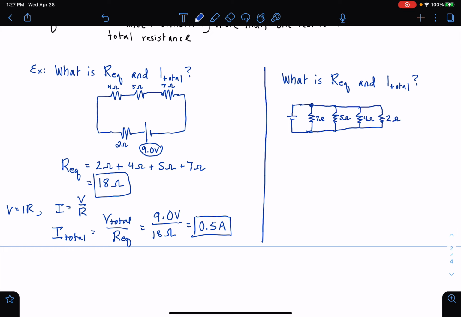Okay? So looking at this one, you can see that there are 4 paths for the electrons to follow. So this circuit is a parallel circuit. I'm going to still give this 9 volts for voltage. So to find the equivalent resistance, I have to use the parallel equation.